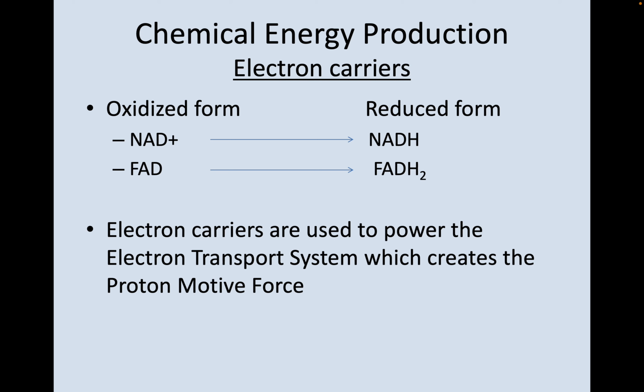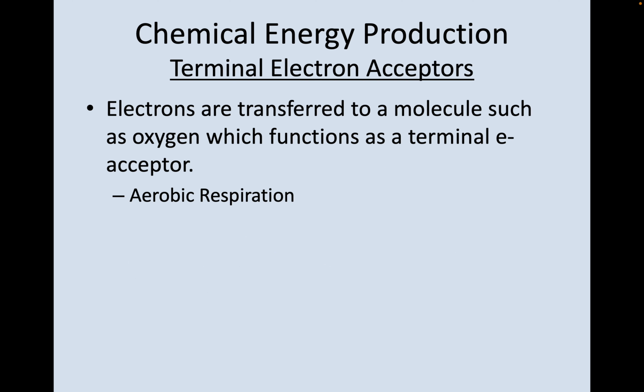Electron carriers are used to power the electron transport system, which creates the proton motive force. So electron carriers transport these electrons and help build up a gradient of protons, which creates this motive force. Electrons are transferred to a molecule such as oxygen, which functions as a terminal electron acceptor.